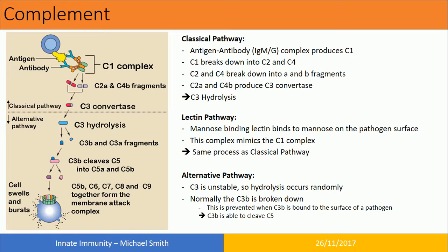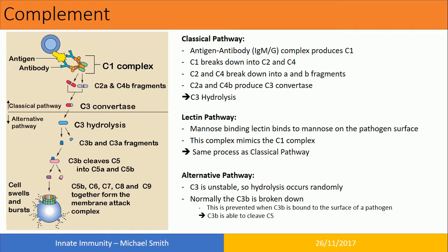And C2 and C4 are then broken down further into C2A and C2B, and C4A and C4B. Now, C2A and C4B then come together, and they produce something called C3 convertase. And C3 convertase is an enzyme which has the role of breaking down our C3.